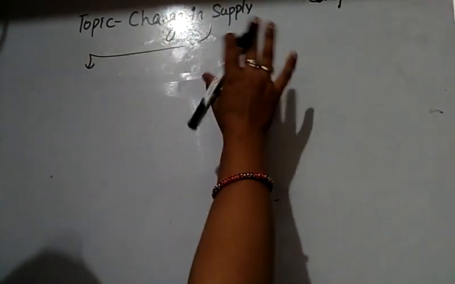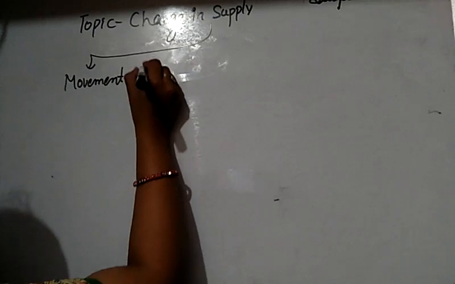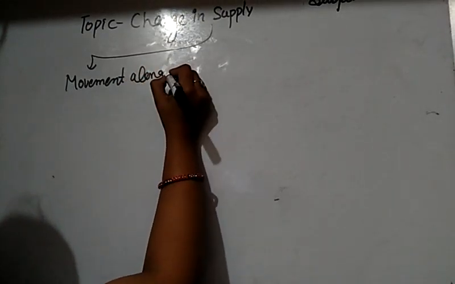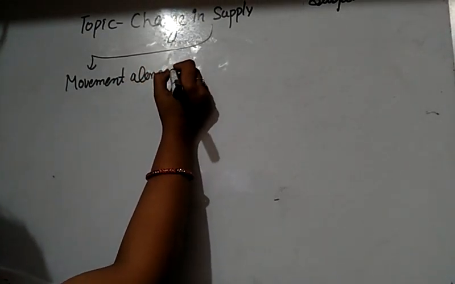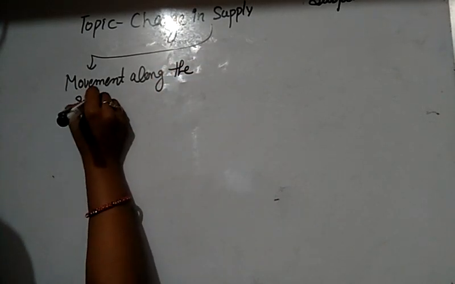Change in supply is of two types. Change in supply can be done in two ways. First is movement along supply curve.